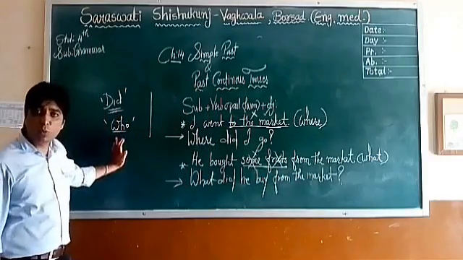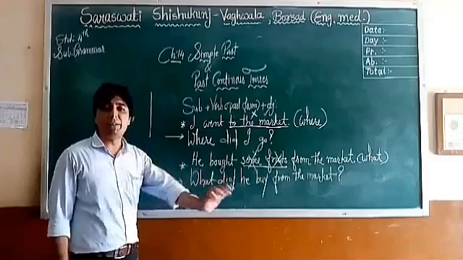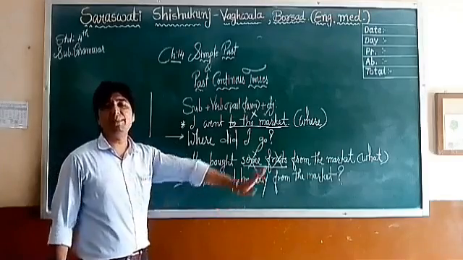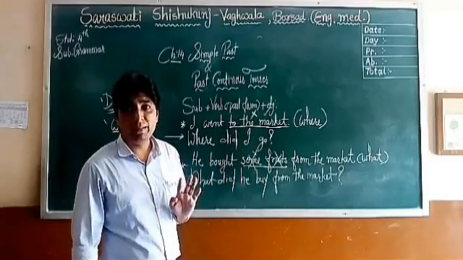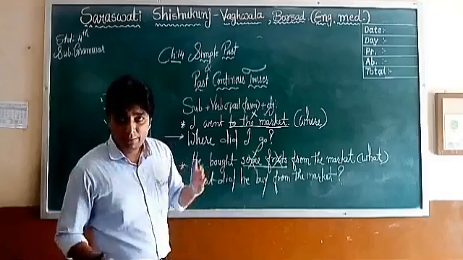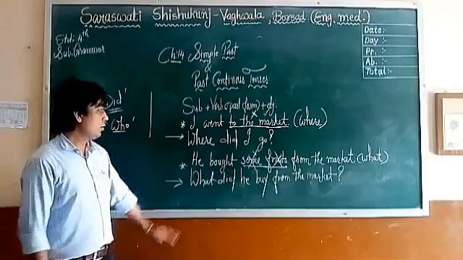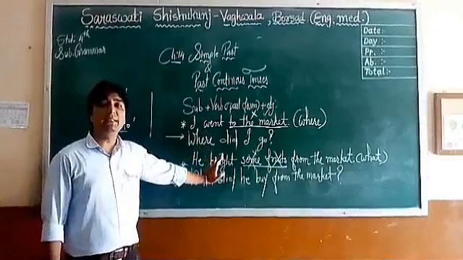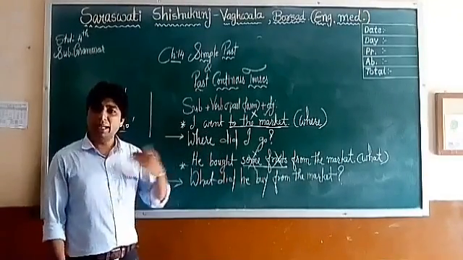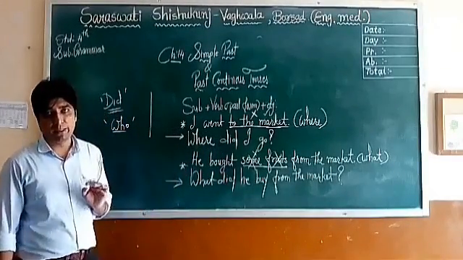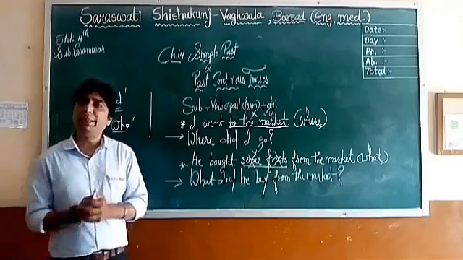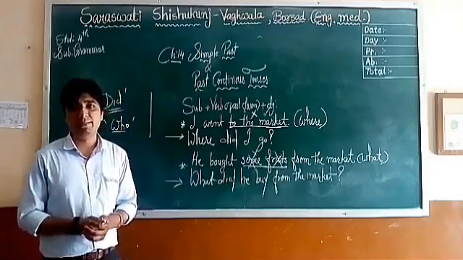When we are using who, we will not use did after that. We will write the same sentence. How to do that? While writing the exercise, we will come to know. So I hope this is the basic thing that you must understand. Then we can create any question, right? So now let's begin our exercise.